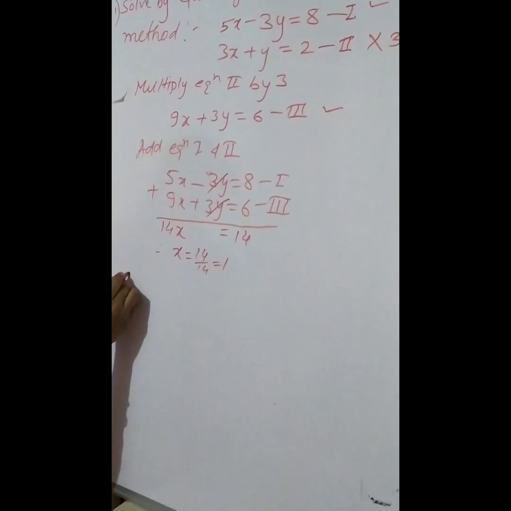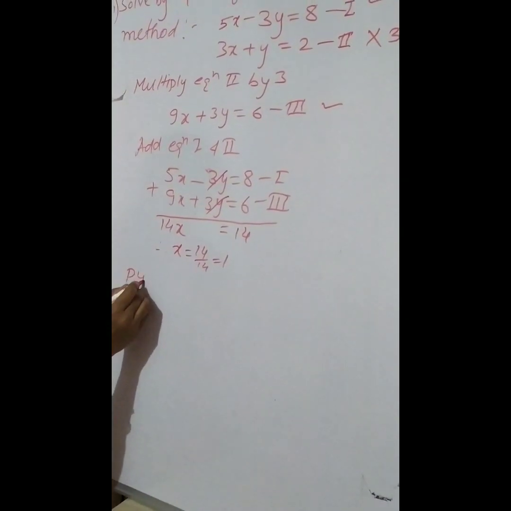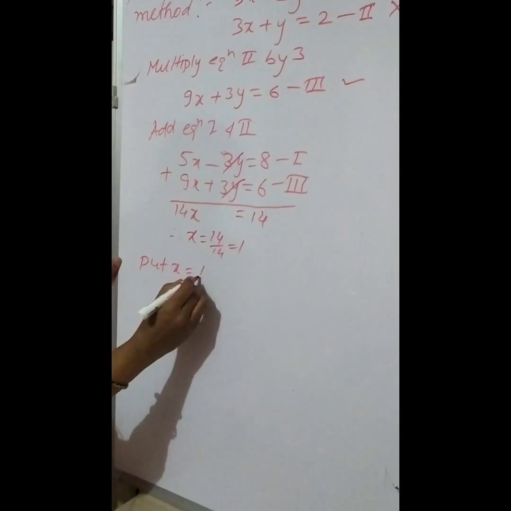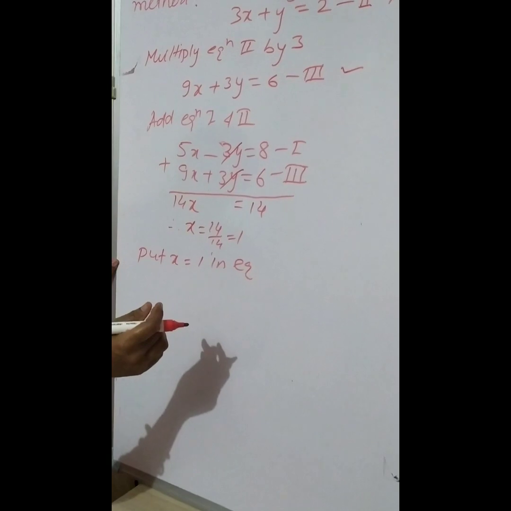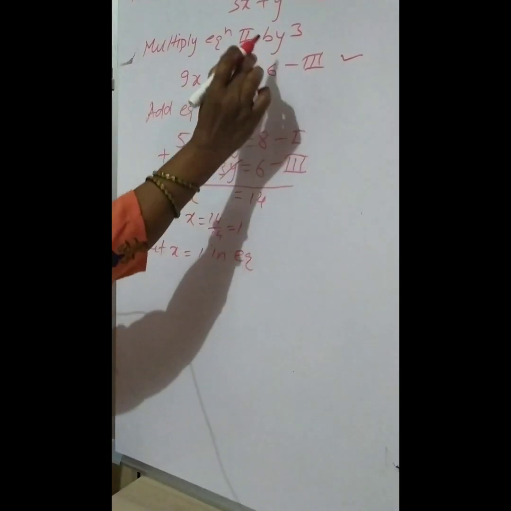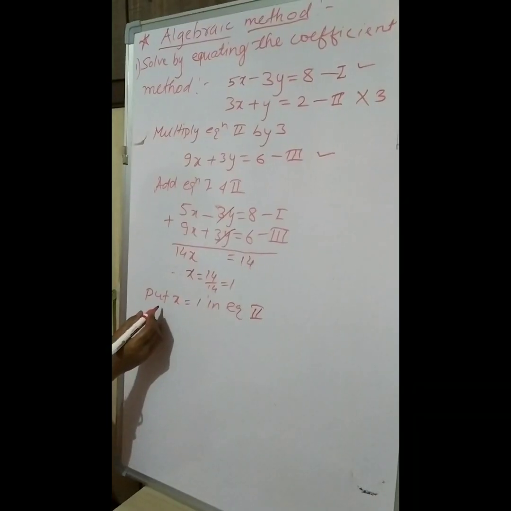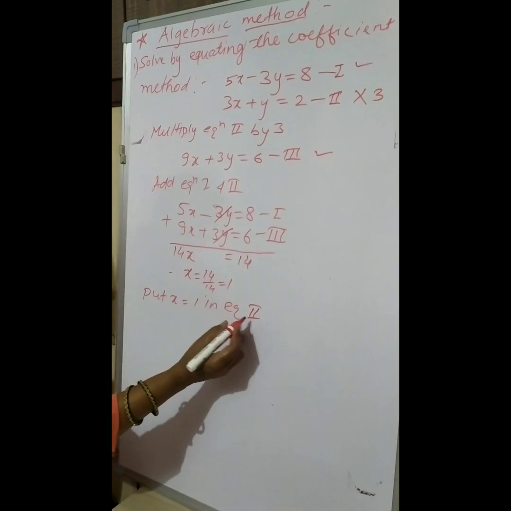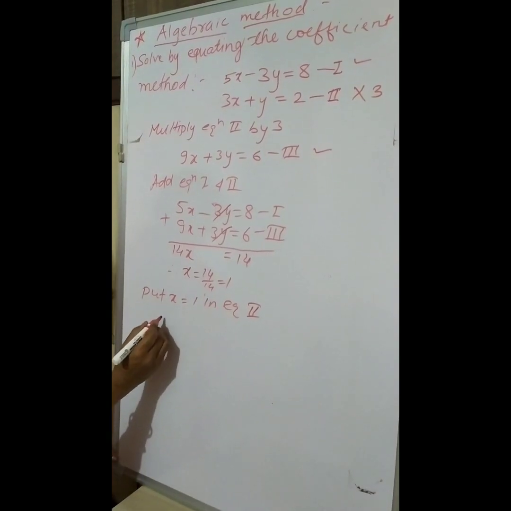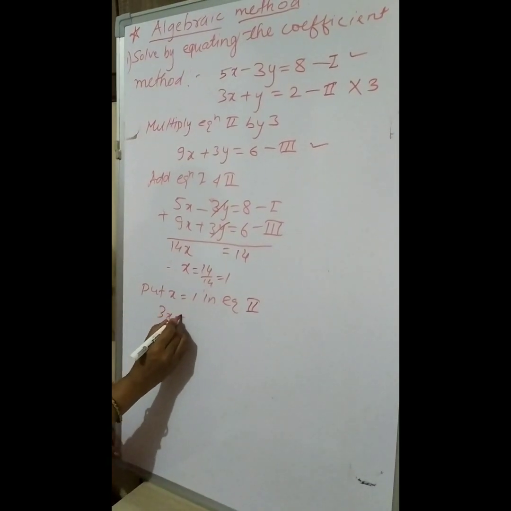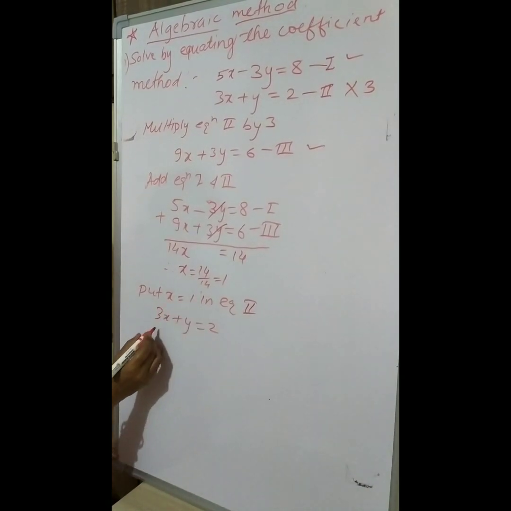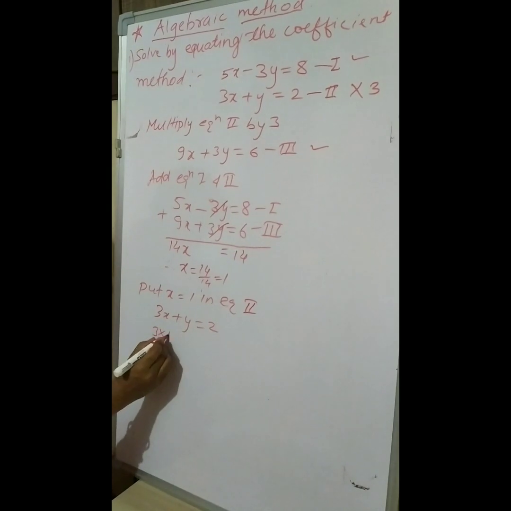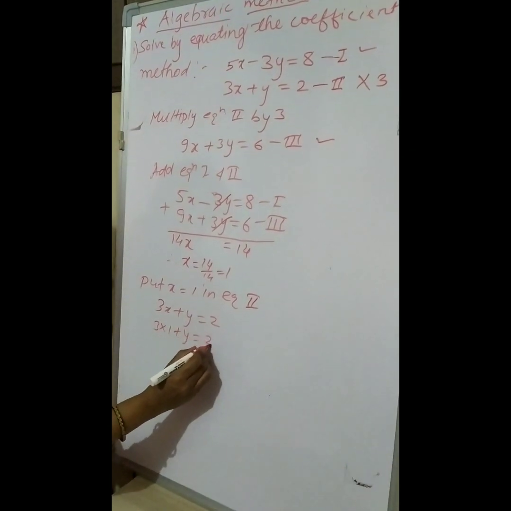Now just substitute the value of x. Put x is equal to 1 in equation, either in 1 or 2, which one you want you can do. So I will take here. So put x equal to 1 in equation 2. So first write equation 2, 3x plus y is equal to 2. So wherever x is there, write there 1. So 3 into 1 plus y is equal to 2.